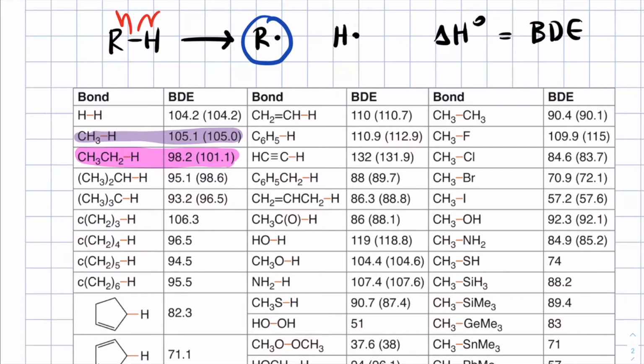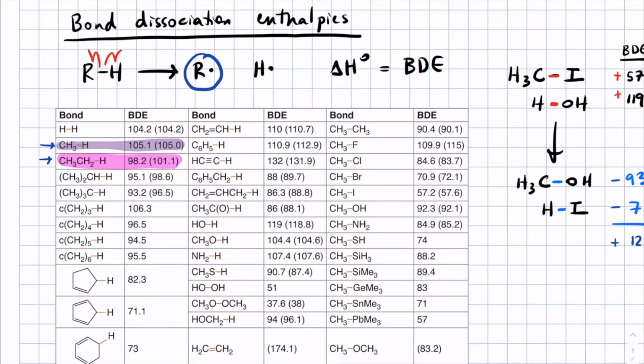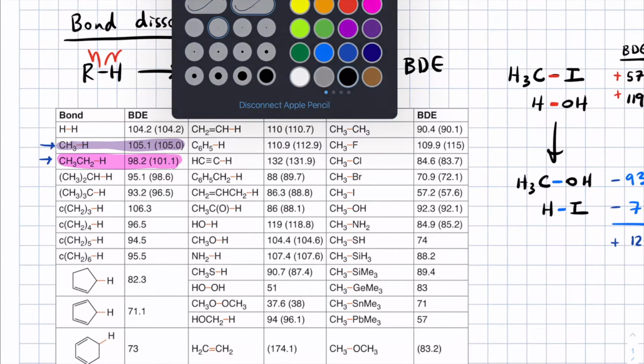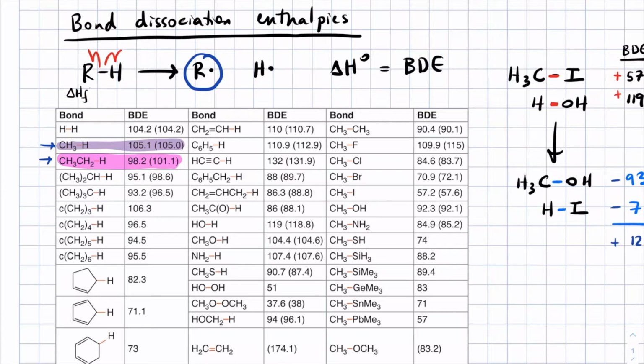However, you have to also think about differences in the stability of your non-radical starting materials. And because the heat of formation of that non-radical starting material is known, and the same is true for the hydrogen radical, if you know the BDE and you know these two, then you can calculate the heat of formation of the radical.